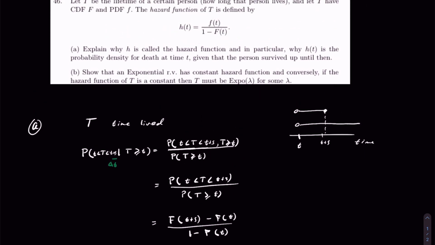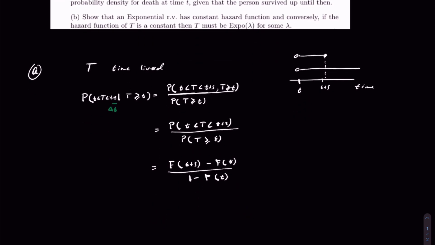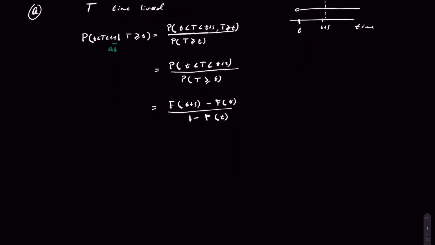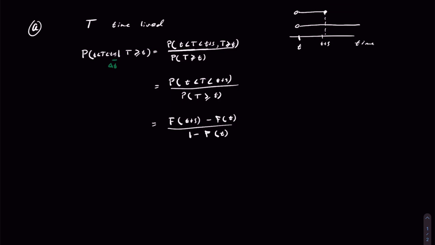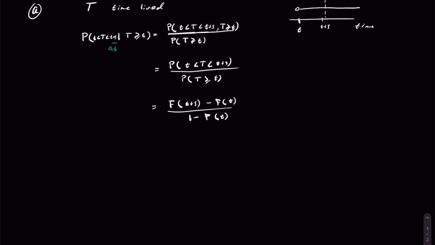I mean, how do we move from this step to that one? Well, this is where we're going to use a little trick. Remember what this s is: it's a little movement in time, but we're going to ask what happens if we make this s as small as possible, right? It's basically a limit now.